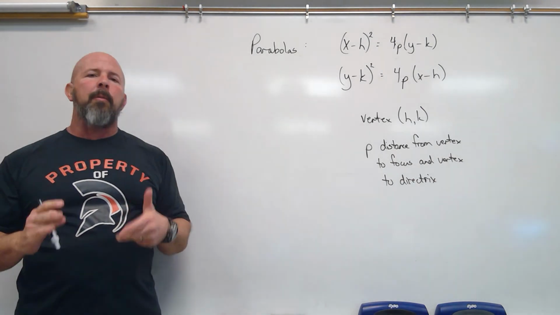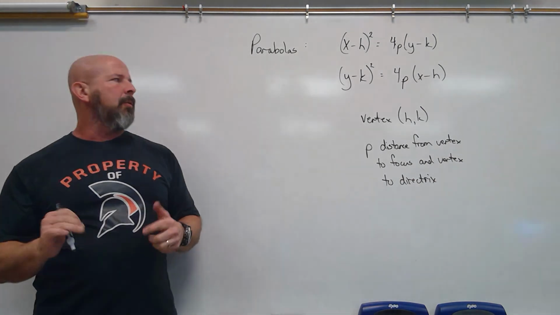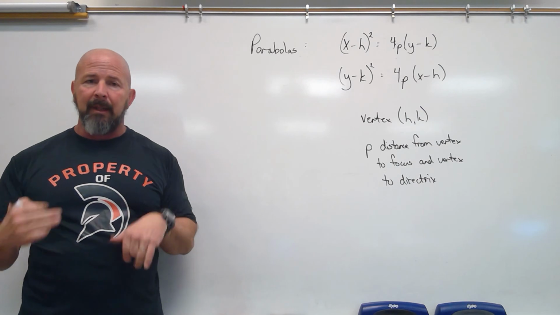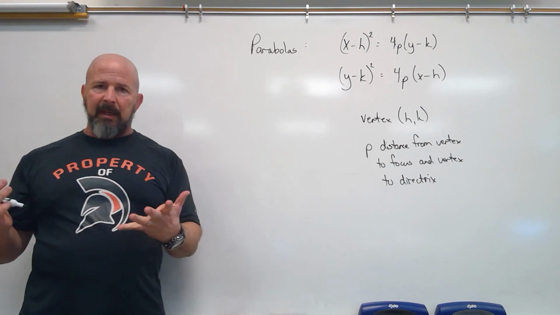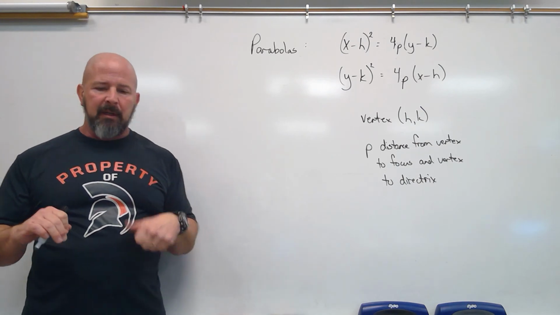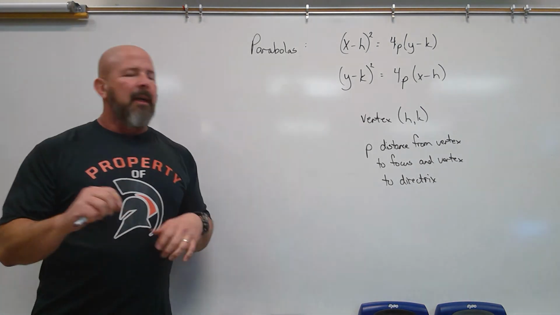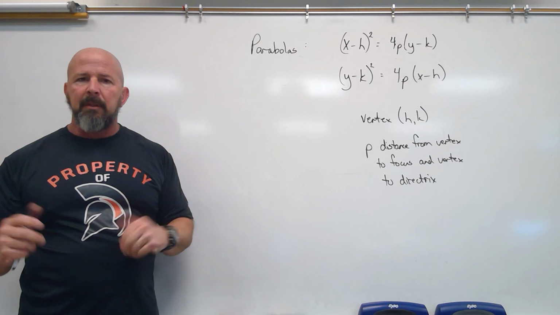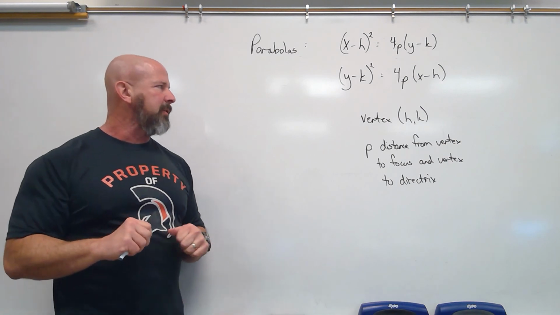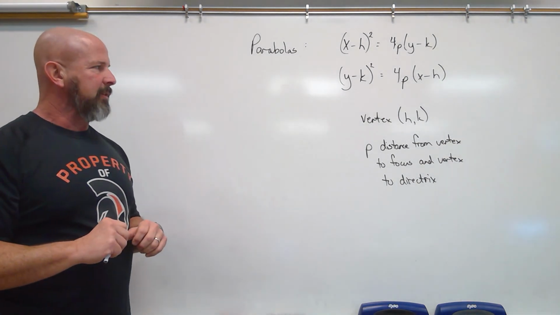Is the parabola opening up? Is it opening down? Is it opening to the right? Is it opening left? And that's still the case here. But I'm going to look at a couple of different examples that give us some fractions, complete the square, just some additional pieces to solidify some things.